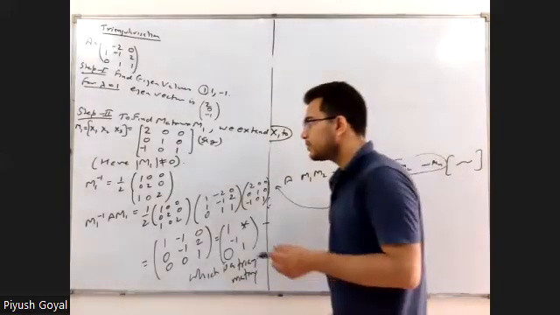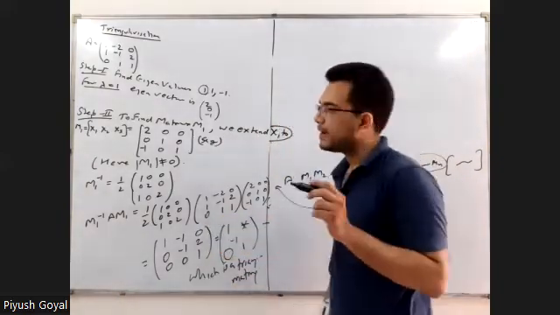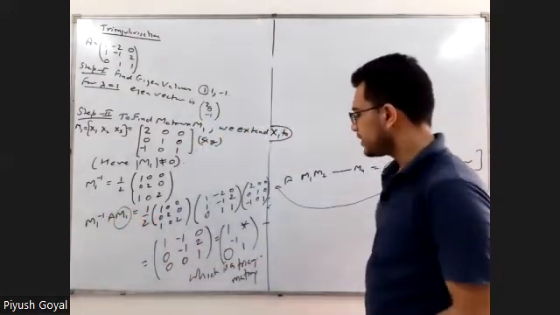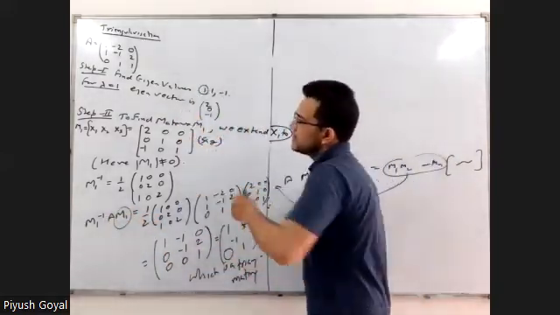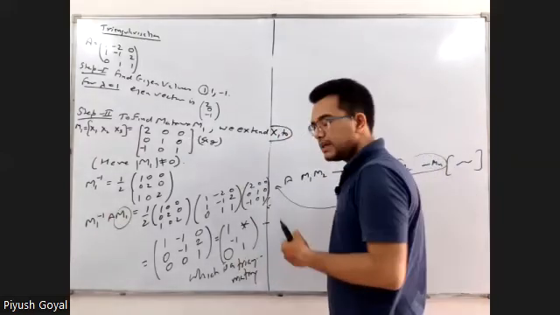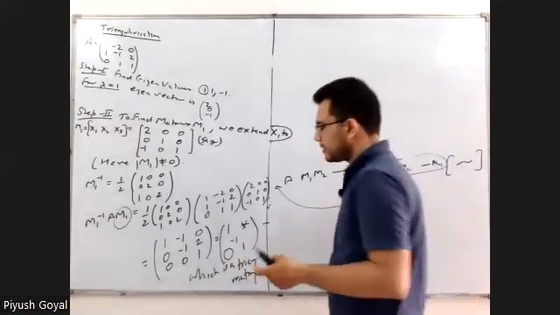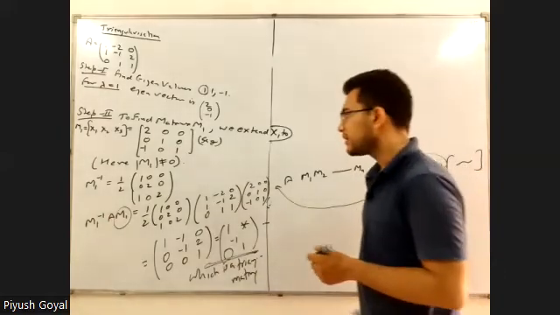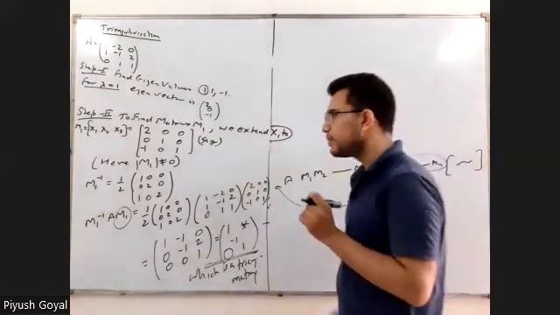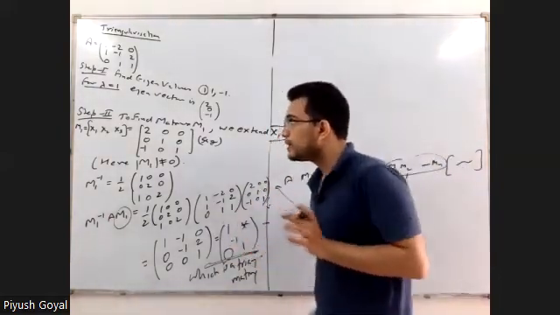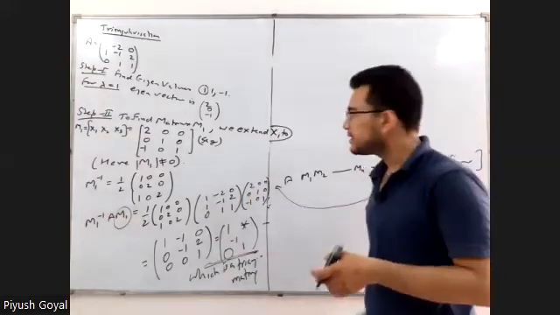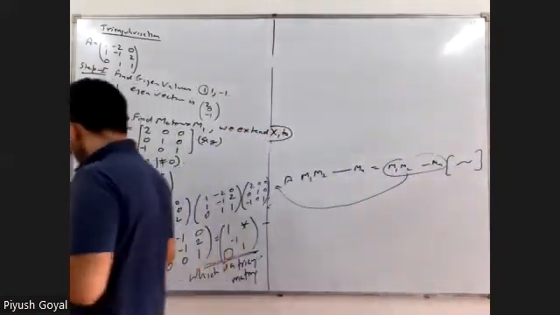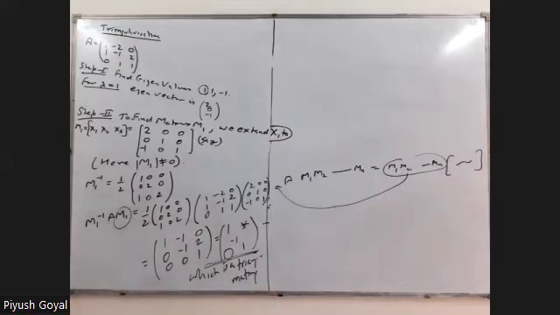So you see, you had to find only matrix M1, and when you multiplied it with the given matrix, in only one step it became a triangular matrix. So this is the thing: in most of the numericals, the question is complete in 1 or 2 steps only. You do not have to go up to 5 or 6 steps.